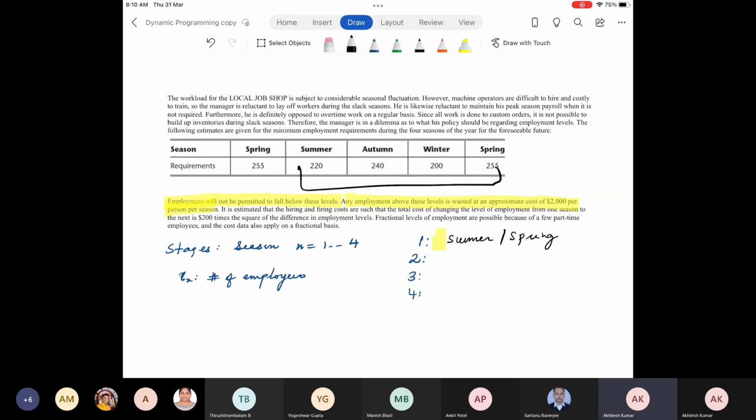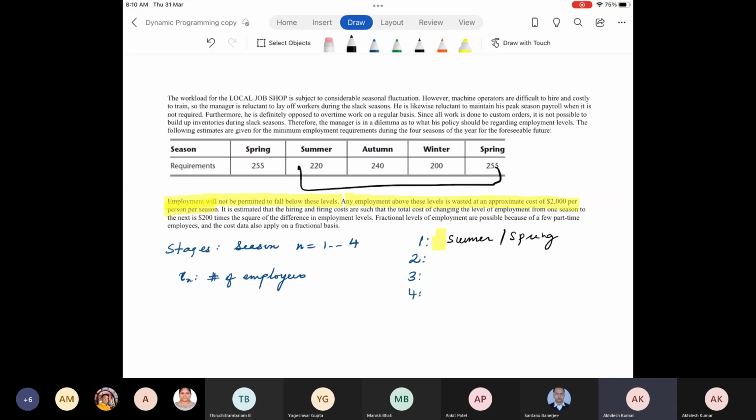Now, if you look at any season, because it is in cycle, there's no point saying that I'm looking at the first summer or the last spring. We are in continuation. The employment levels have been maintained over the years, and we are trying to solve it using dynamic programming. What should be the best policy, or how should he design his policy for workforce.